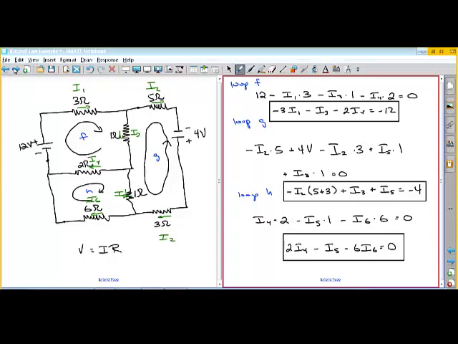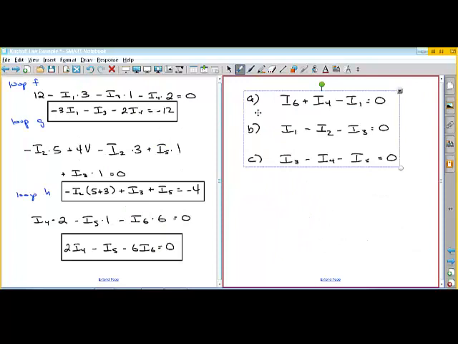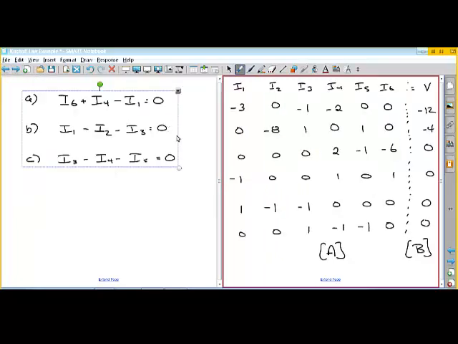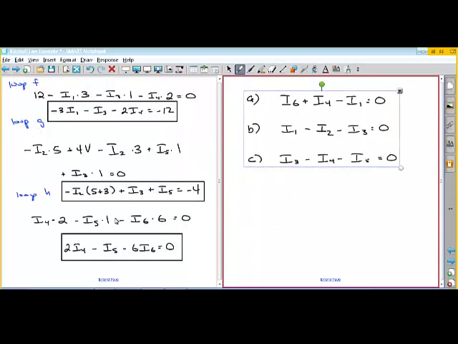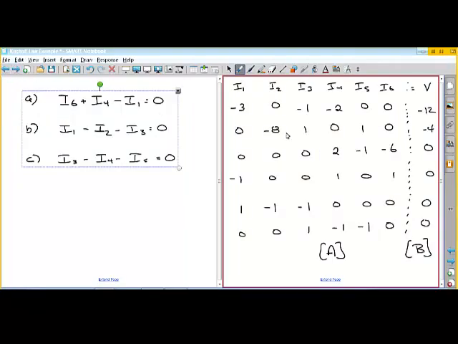That gave us 6 equations and 6 unknowns, which were the 3 junction equations and the 3 loop equations, and then you set it up as a matrix.